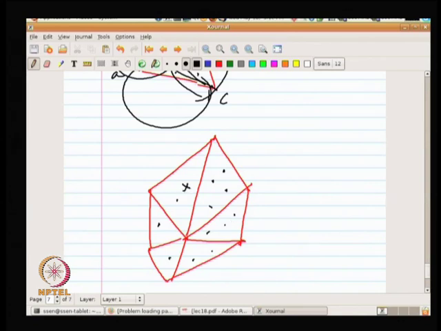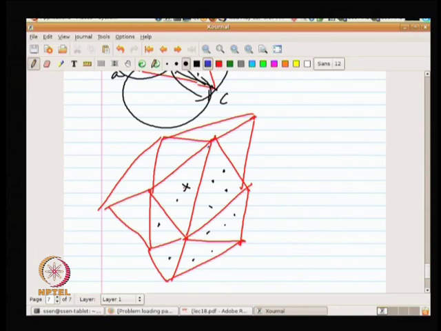So let me draw a few more edges. Suppose this is the next point to be added, then we do exactly what I said before. We first draw these edges, but now there is a problem, that if I draw this circumcircle, it may contain some other point, like it contains this point.